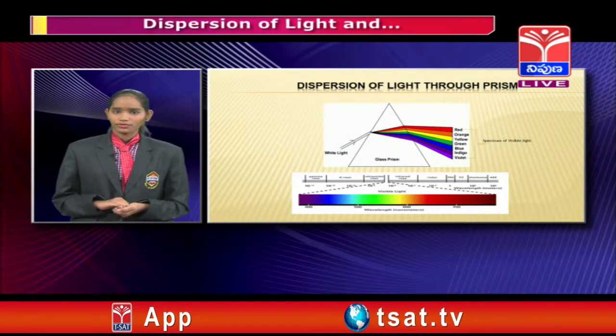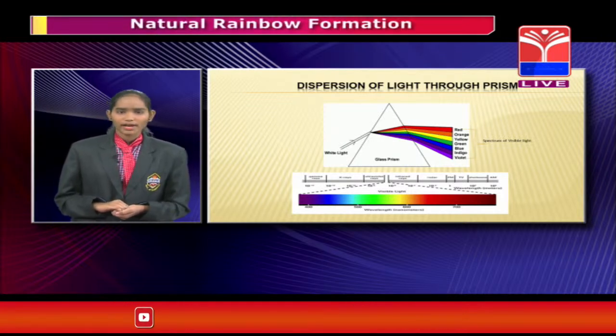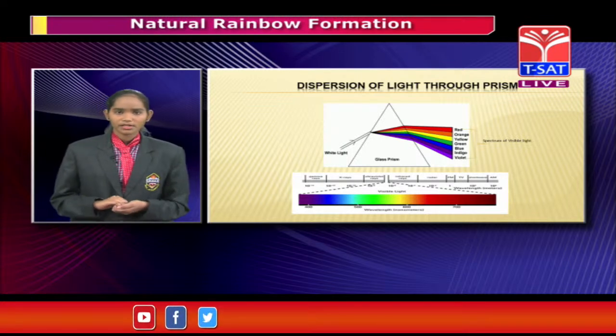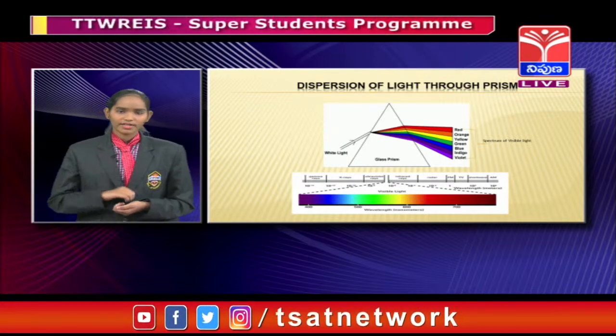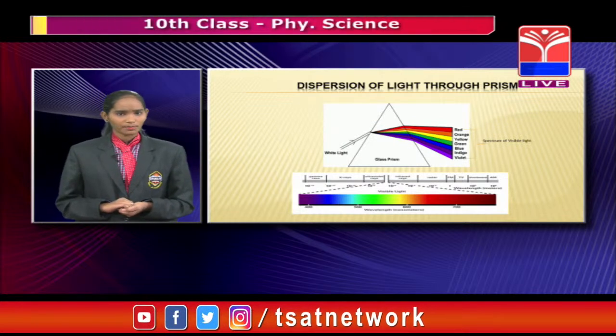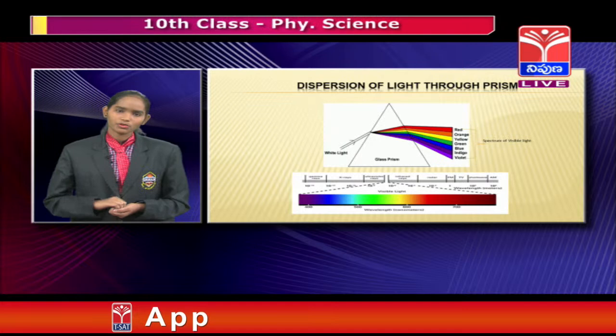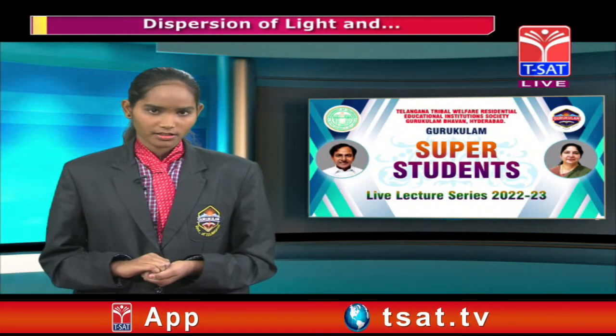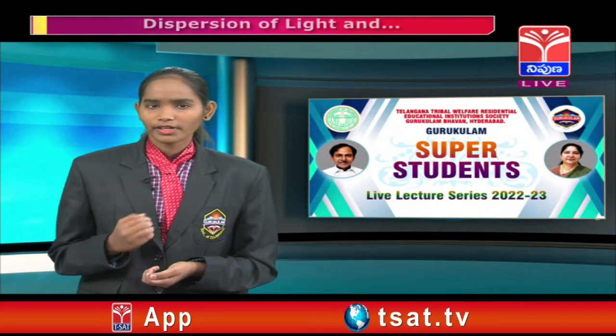So we can say that when white light passes through a prism, it splits into 7 colors. Then if we send a single color through a prism, does it split into more colors? Let's find out. So, frequency.